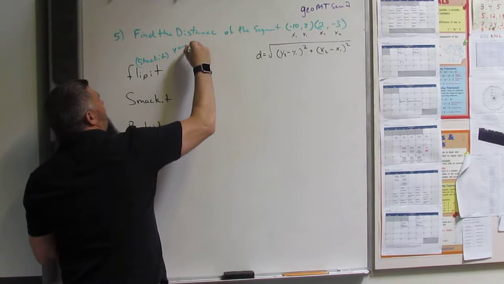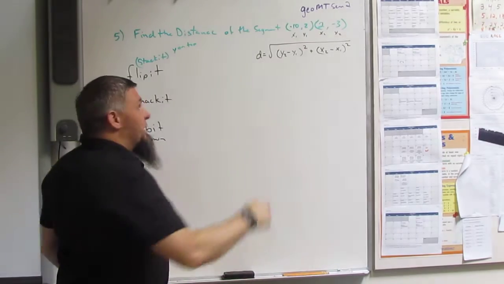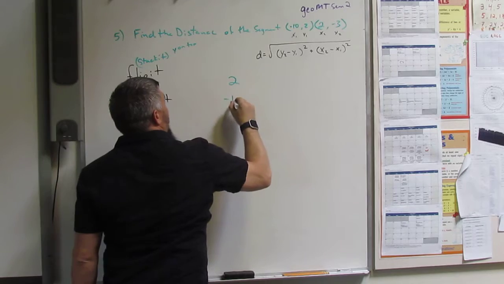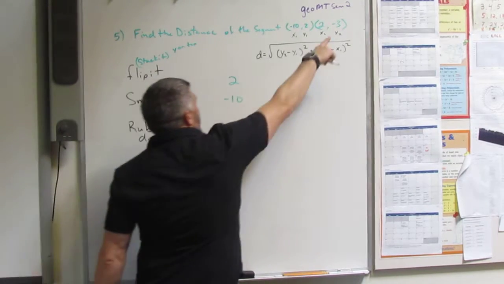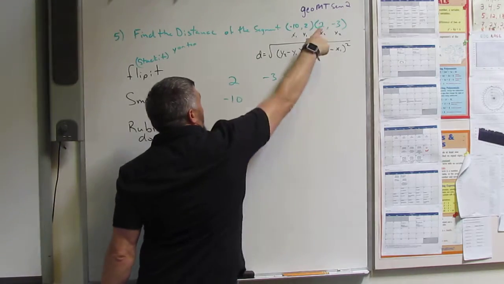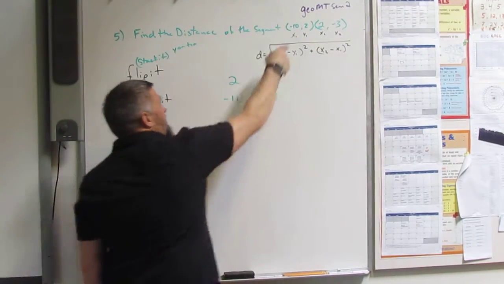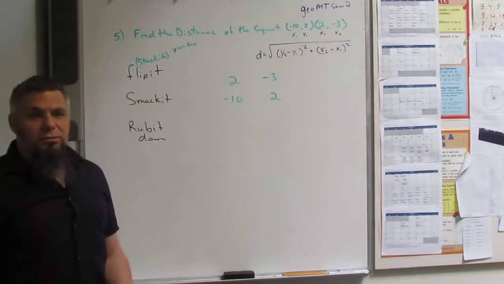Y on top. Okay? What that means is I'm going to have 2 over the -10. And I'm going to have the -3 over the 2. Just flip it. Okay?